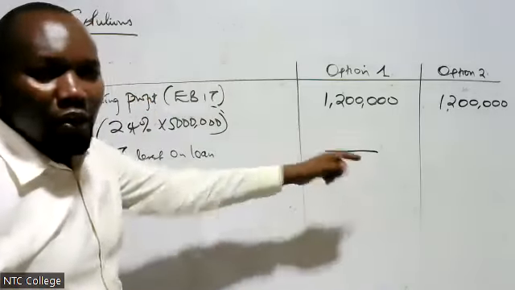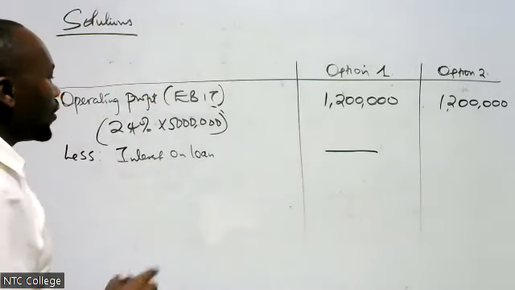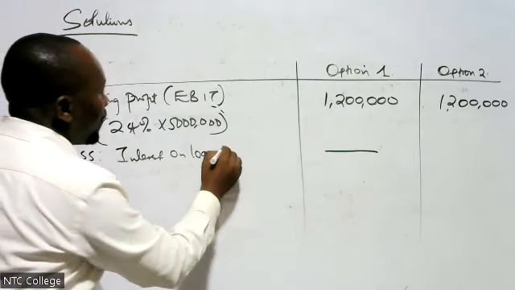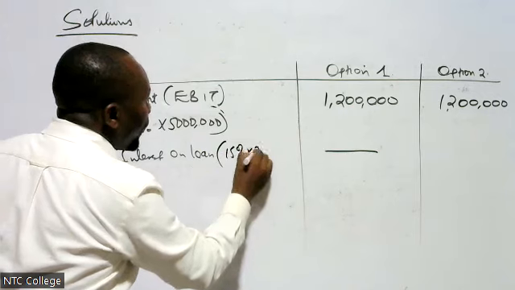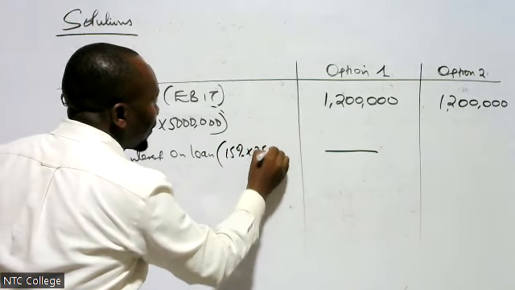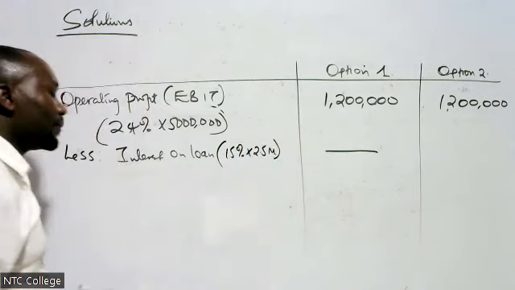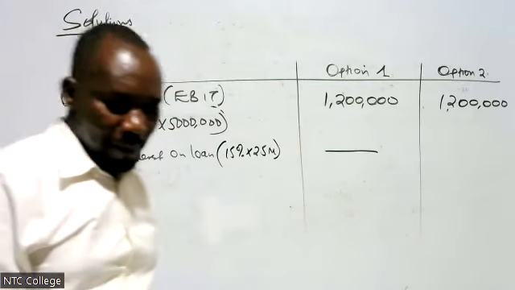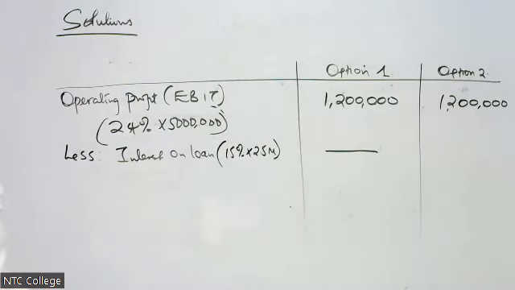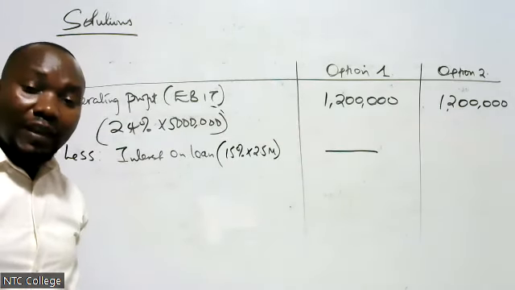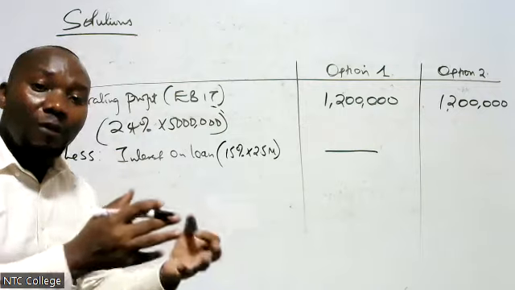In option 2, we had loans. So in option number 2, we have a loan of how much? 15% of 2.5 million. How much is that? In our option number 2, we were able to calculate the amount of loan that we had to take from the bank.